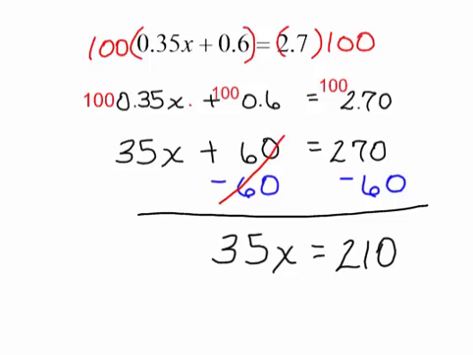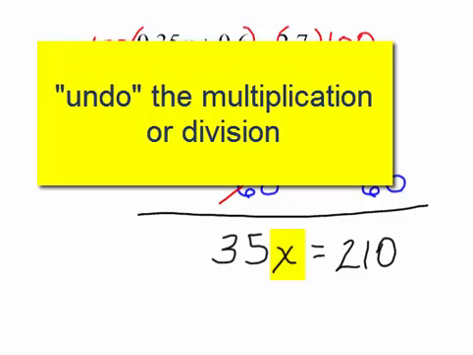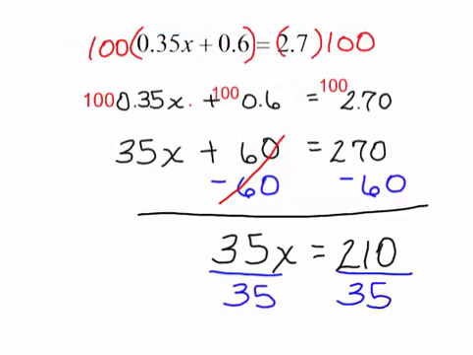The variable is not by itself yet. X is being multiplied by 35. The opposite of multiplying by 35 is to divide by 35. And yes, whatever we do to one side, you have to do to the other.